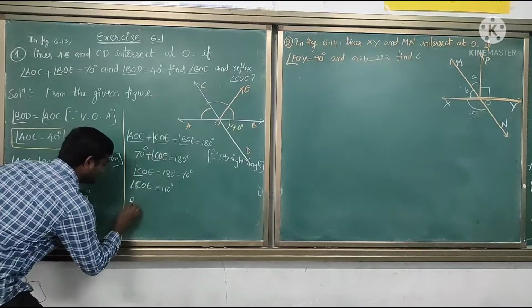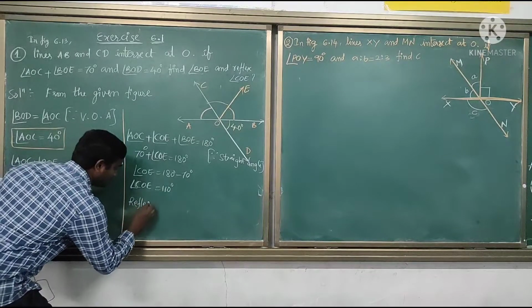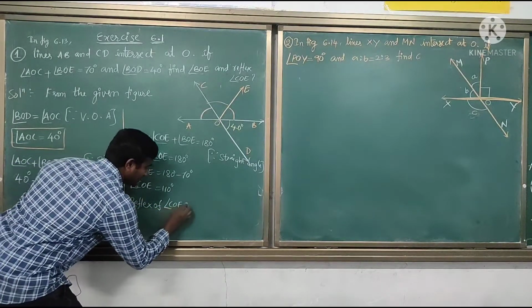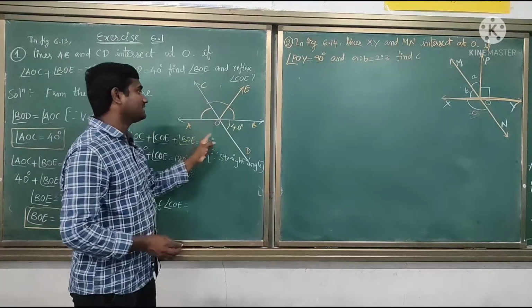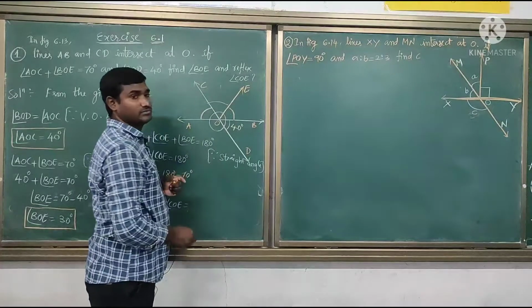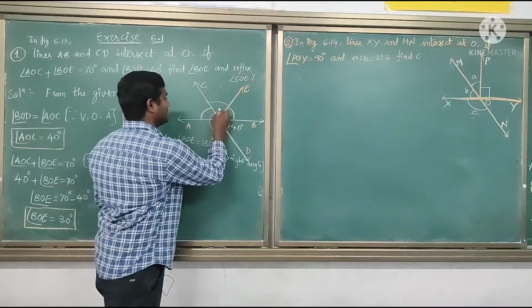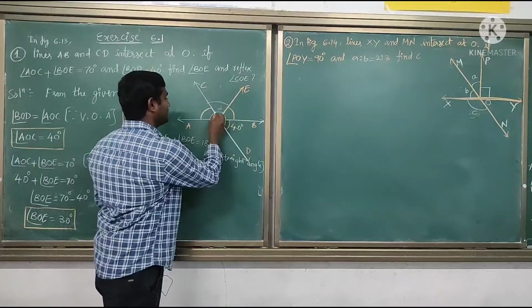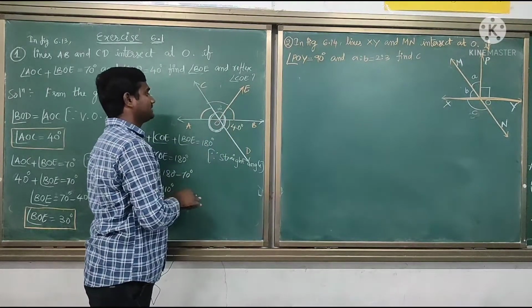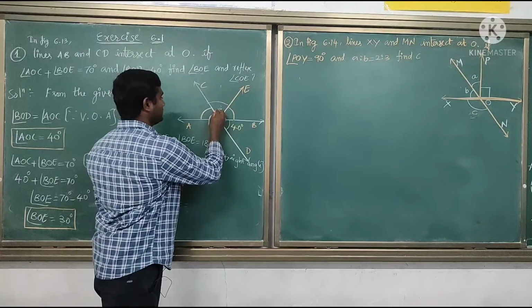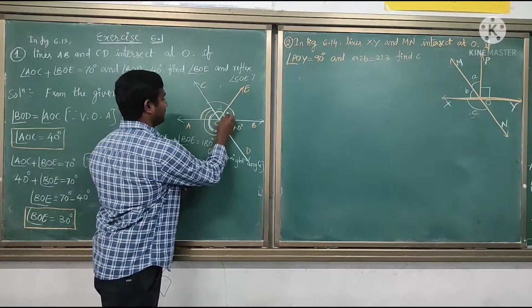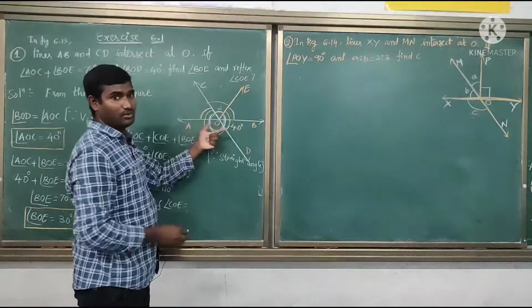Then the reflex of angle COE. The total complete angle measures 360 degrees. If this angle is 110 degrees, the reflex of this angle is this total angle only. How can we write that?